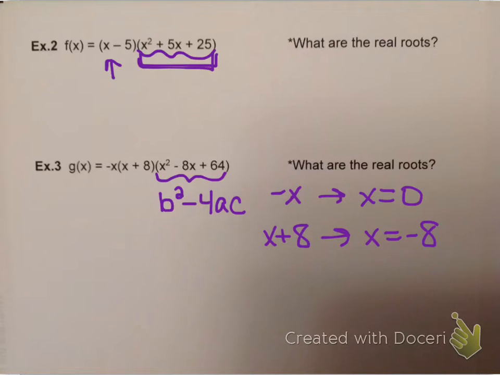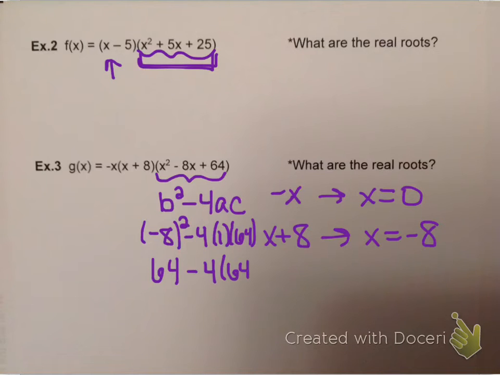And so if I plug the numbers in here, now most of the time we don't bother showing this work. I'm just showing you mentally kind of what you would run through. So a is 1 and c is 64. So what this quadratic here is telling you is that you would have a 64 minus, and remember I'm talking about doing this mentally, right? So you're mentally looking at this, and you don't want to actually have to multiply 4 times 64 and actually do the subtraction, but we know that this number is going to be a whole lot bigger than this number.